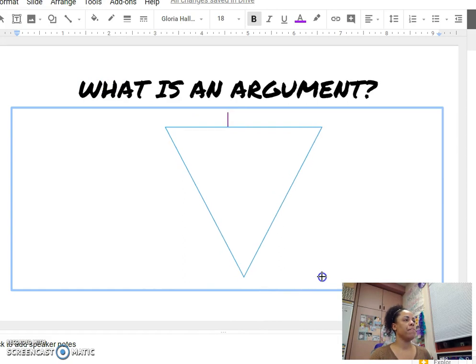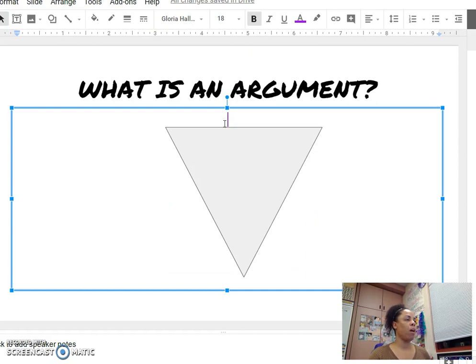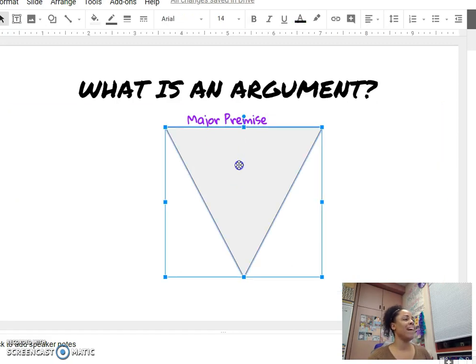So you have an inverted triangle. At the top, in the broad section, is your major premise. And then inside, you have your minor premise. Again, like I said, it derives from the major premise, but it's a little bit more specific.